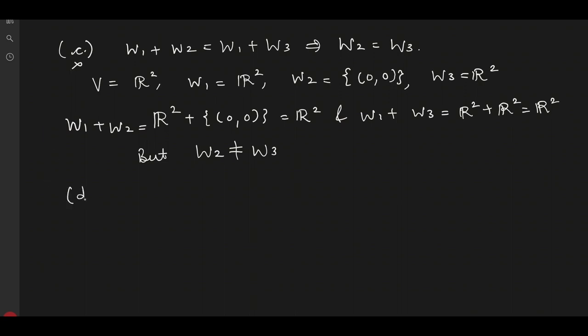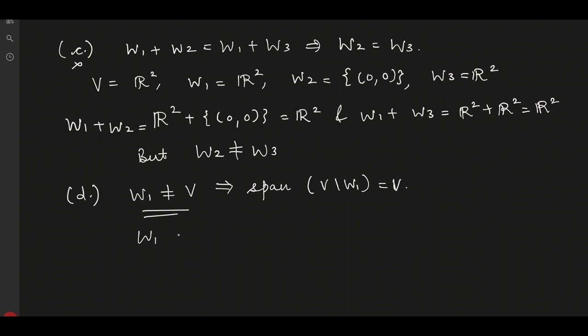Option D. W1 is not equal to vector space V. This implies spanning of V minus W1 is V. Now is this part clear? W1 is not equal to vector space V. V minus W1.